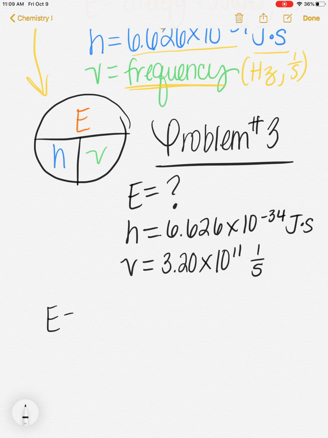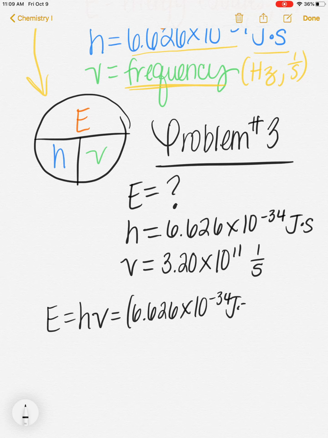1/seconds. So I take a look at my pie chart or my original equation, and that tells me that energy can be found by taking h times ν. So we're going to take 6.626 times 10 to the negative 34th joule seconds times 3.20 times 10 to the 11th, 1/seconds.